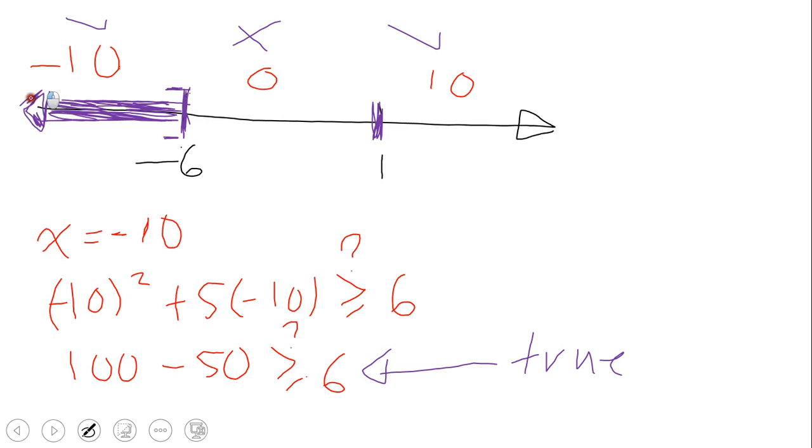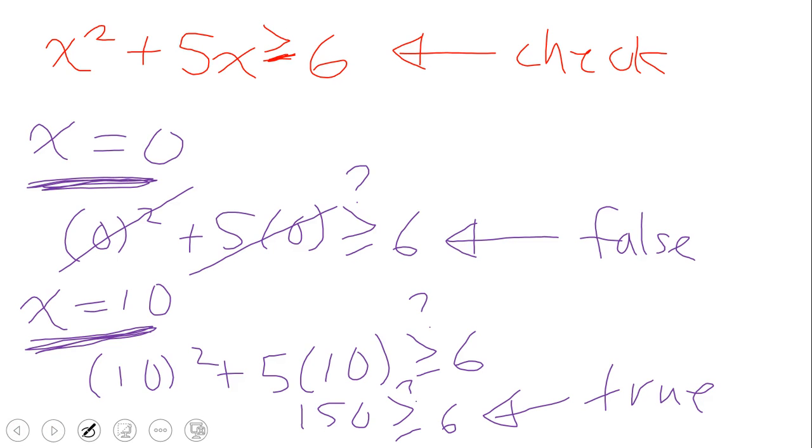I'm going to include this part going all the way to negative infinity, and I'm going to include this part going all the way to positive infinity. So basically my solution is a union of two sets: the set from negative infinity to negative 6, and from 1 to infinity.